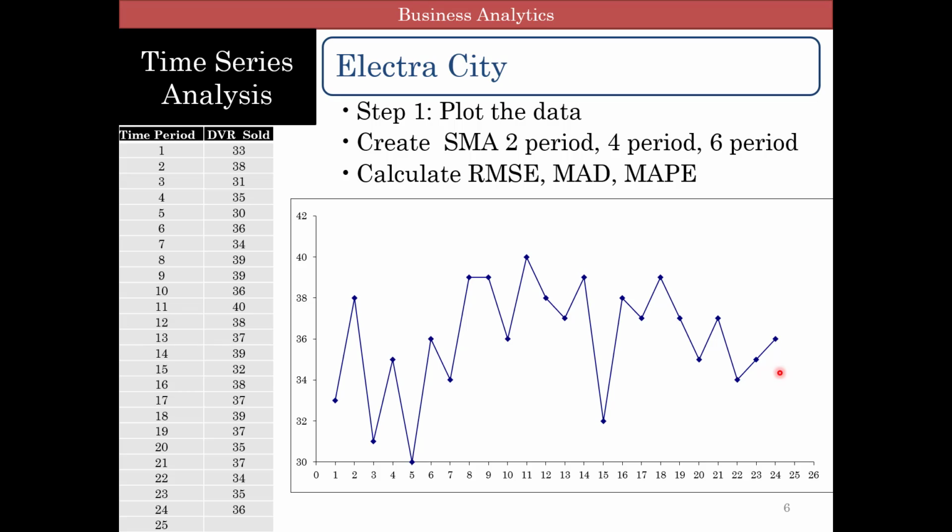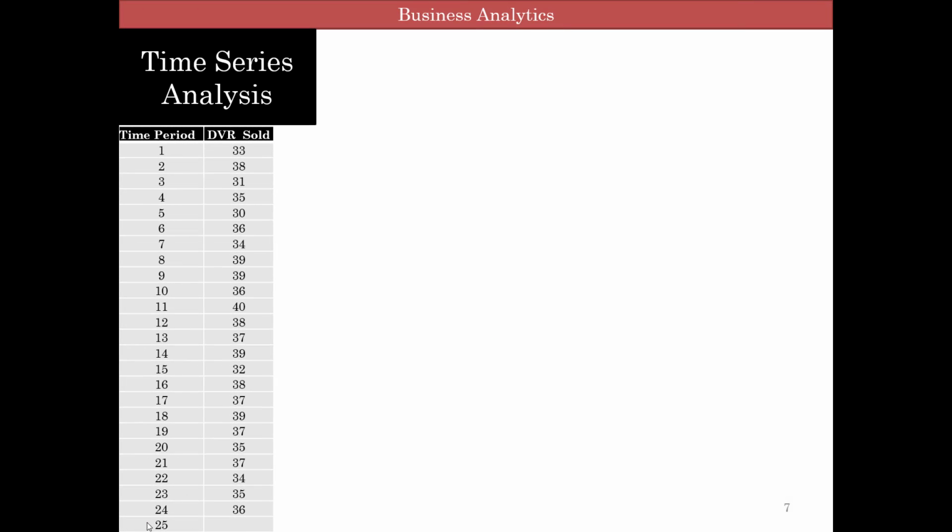Let's move to Excel and plot the data to get this structure. Then we'll also look at a different plot to see whether we can tease out some of the trends or seasonality. So let's do that.